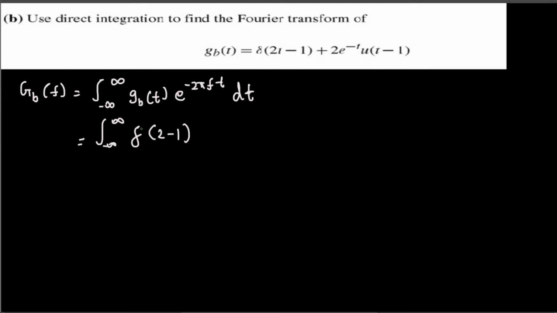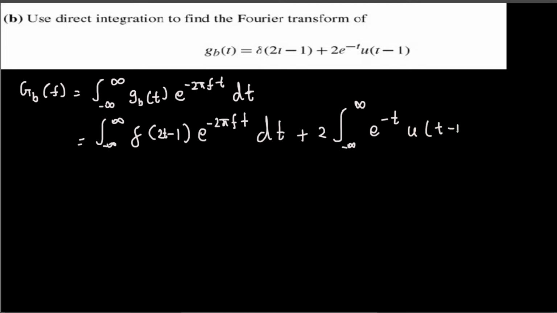So delta of 2t minus 1, and then e^(-j2πft) comes right here, and we integrate this with respect to t, and then plus we have 2e^(-t) u(t minus 1). 2 is a constant, so we can bring it to the front, and then the integration from negative infinity to infinity of e^(-t) u(t minus 1) multiplied by e^(-j2πft) dt.